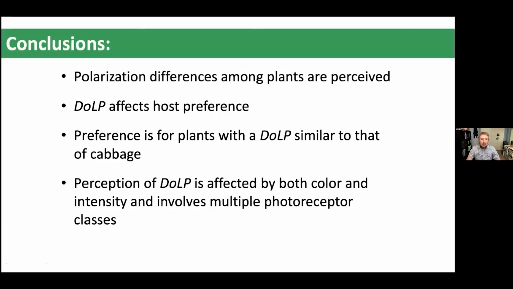So in conclusion, polarized differences can be perceived by the cabbage white butterfly. The DOP affects the host preference, with the preference being for plants with a DOP similar to that of cabbage. And the perception of this DOP is affected both by color and intensity and involves multiple photoreceptor classes.